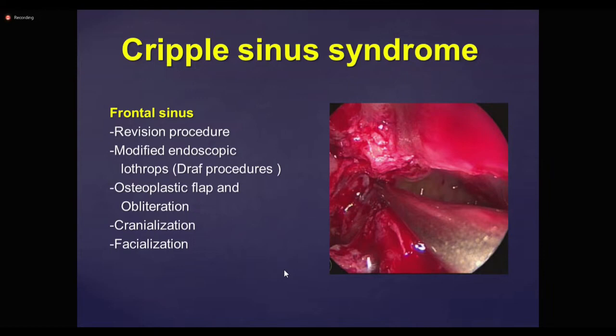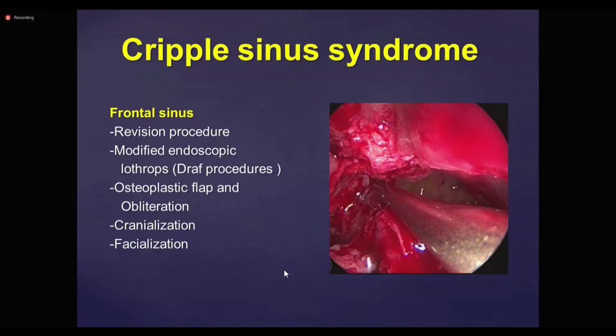Osteoplastic flap means you have to come from outside with a bicoronal incision, remove the anterior wall of the frontal sinus, remove all mucosa, drill everything, block the frontal recess, and obliterate the frontal sinus with fat or something. That is osteoplastic flap and obliteration. That is required when your drainage procedures fail, even your modified endoscopic Lothrop fails, or when the modified Lothrop is not indicated.